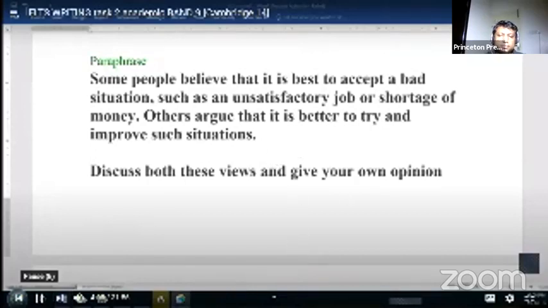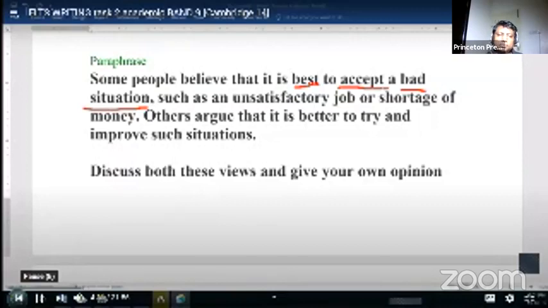in this topic. So first of all, some people believe this is not key. Best is probably important, and accept, important, bad, situation. We don't need to underline this, it's just an example, it's not critical.